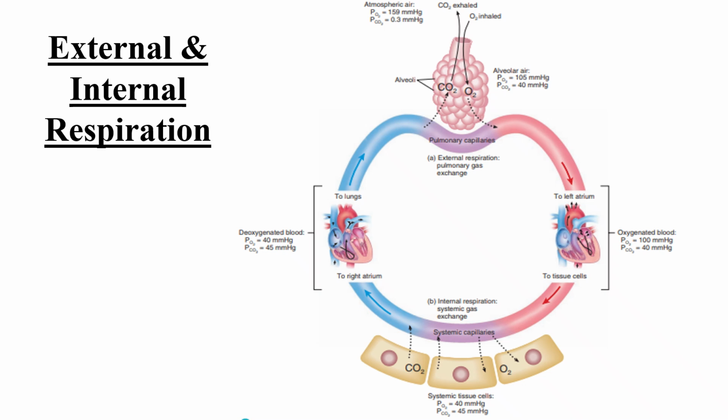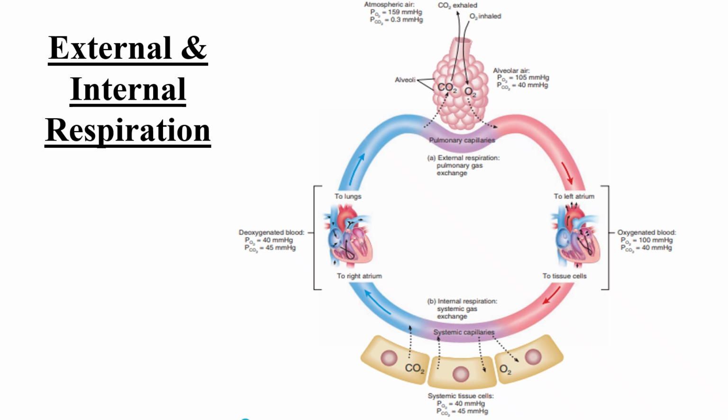The partial pressure of carbon dioxide in the deoxygenated blood is around 45 mmHg, and that in the alveolar air is around 40 mmHg. The diffusion of carbon dioxide from blood to alveoli continues until the PCO2 of the blood decreases to around 40 mmHg. So that is regarding the external respiration.